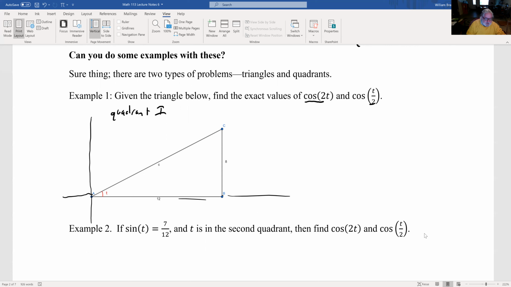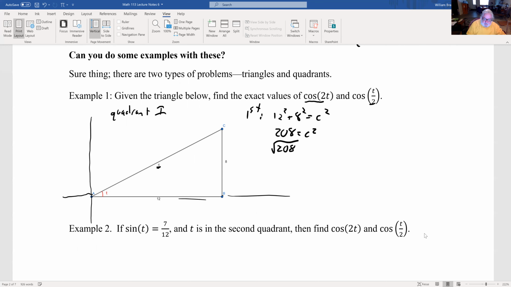Well, we need to know what cosine t is, sine t is, but that means we need to know what c is. So first off, Pythagoras' theorem, 12 squared plus 8 squared equals c squared. And if you actually add that all up together, you should get 208 equals c squared. So c squared is 208.